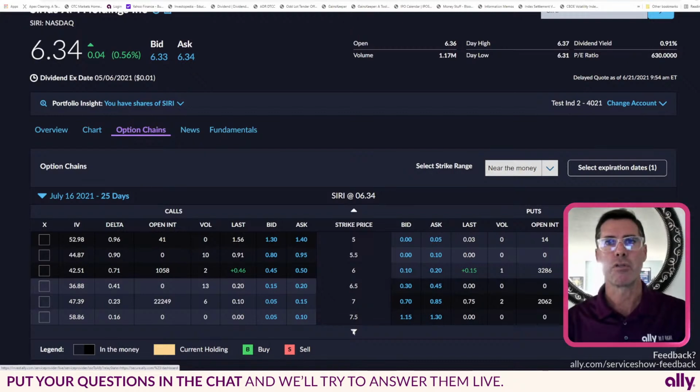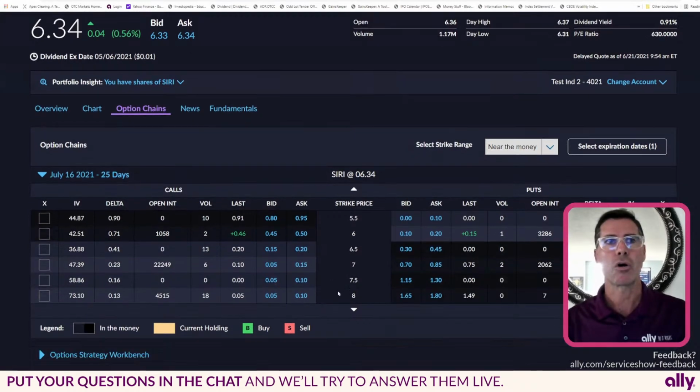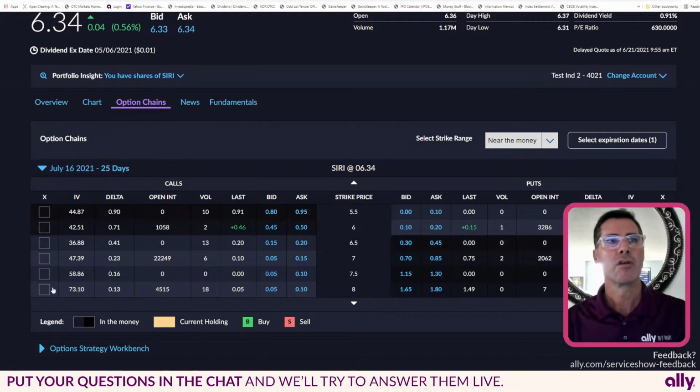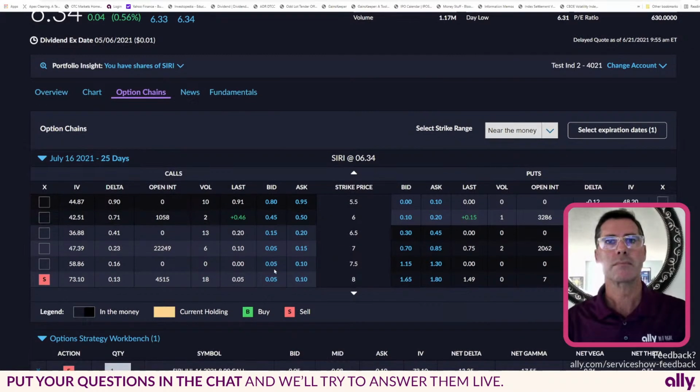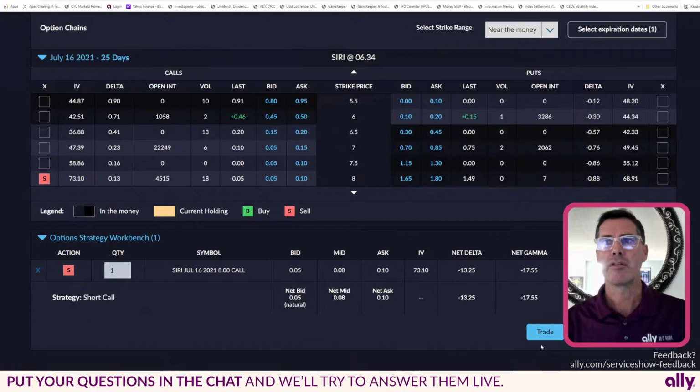I can even show you the $8 call here. Double click again. And your trade ticket here will initiate the covered call for your existing Siri position. The difference here is we will not be adding a stock because we already own the stock.